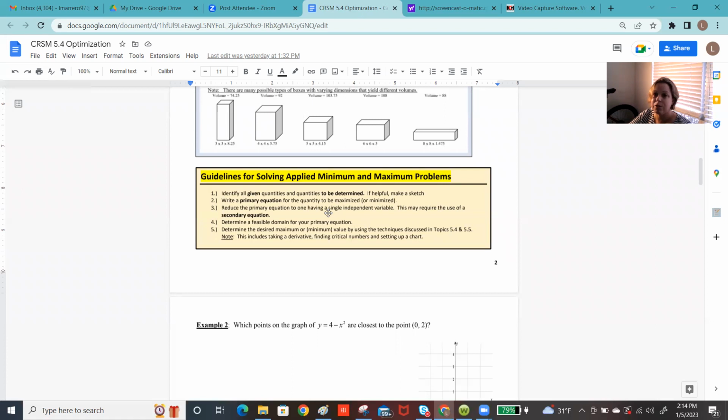Obviously, when we talk about volume, we talk about positive quantities, not 0, because otherwise there's no figure to find the volume of. And then determine the desired maximum or minimum value by using the techniques that we have learned before. This includes taking the derivative, finding critical points, and setting up a chart if necessary.